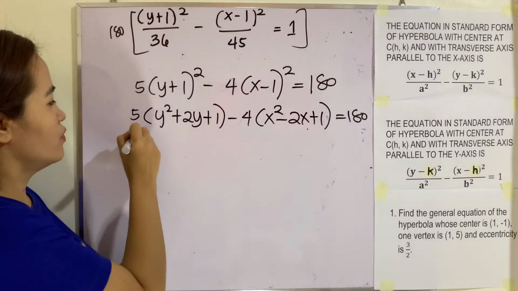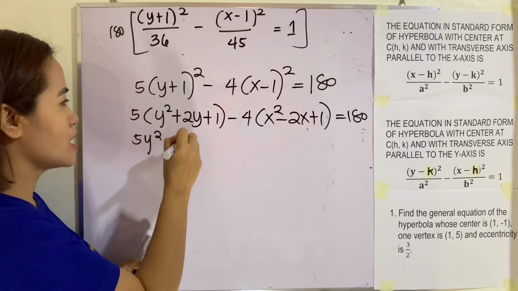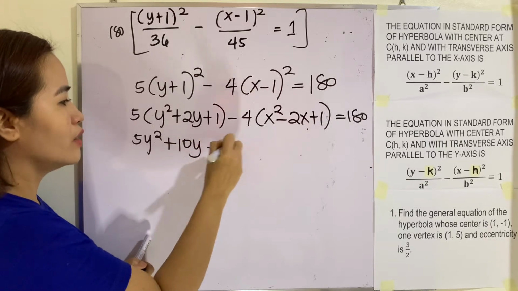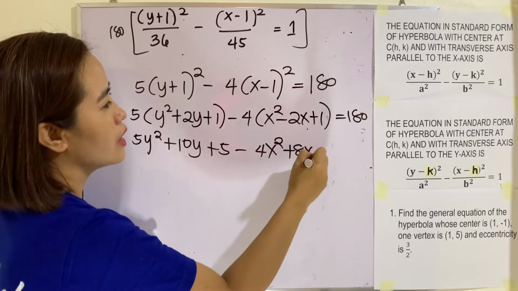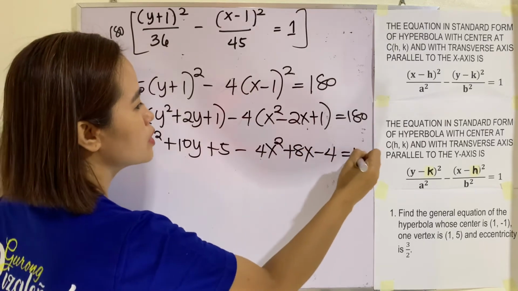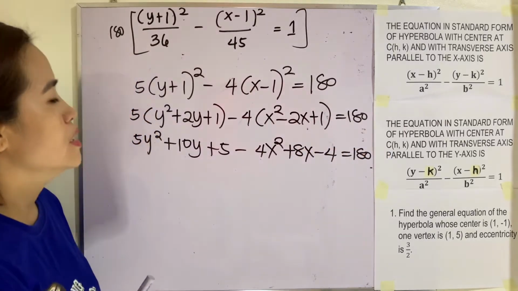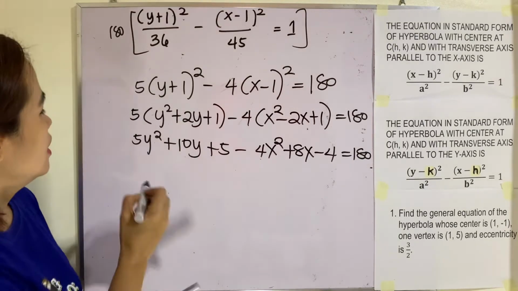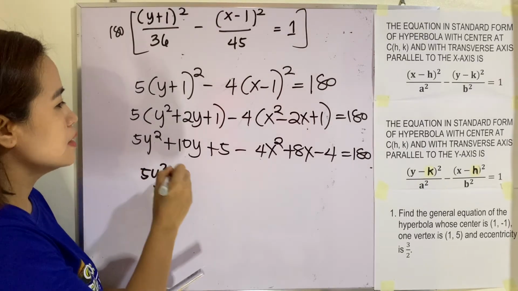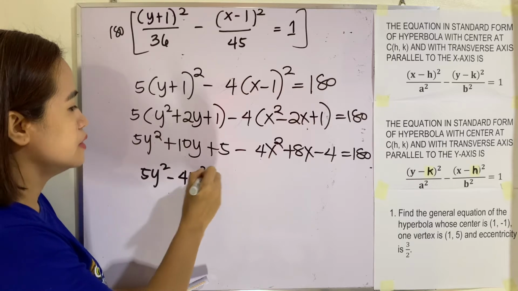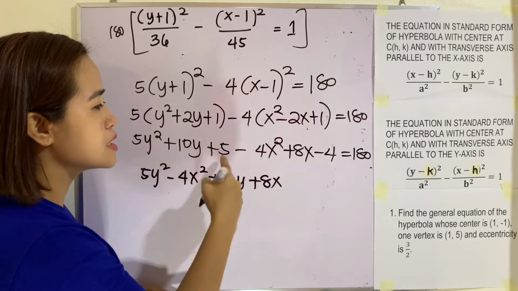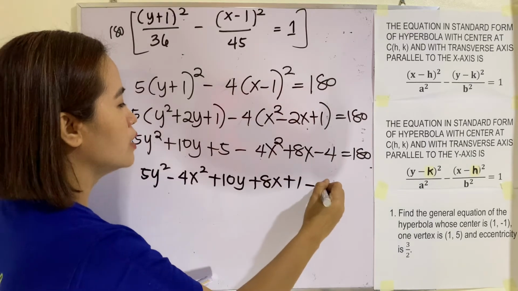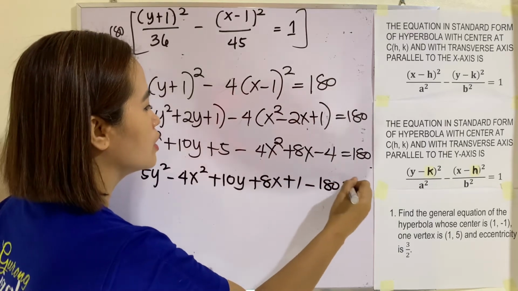So this is now 5y squared plus 10y plus 5 minus 4x squared plus 8x minus 4 is equal to 180. So simplifying it, we have 5y squared minus 4x squared plus 10y plus 8x plus 1 minus 180 equals 0.